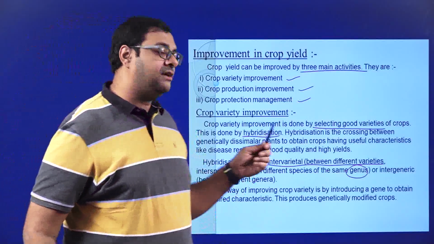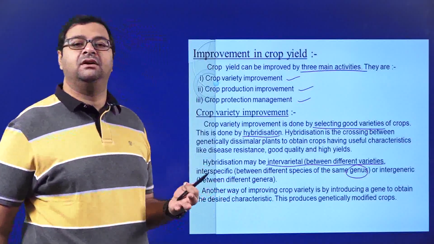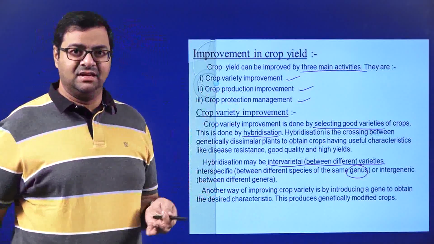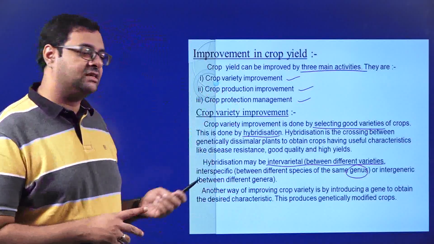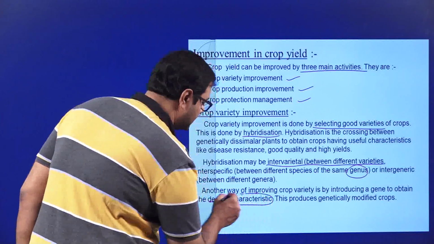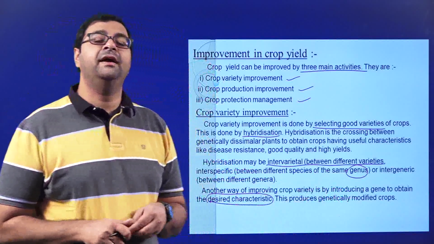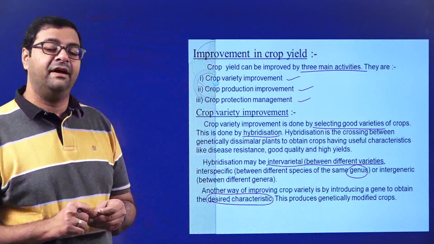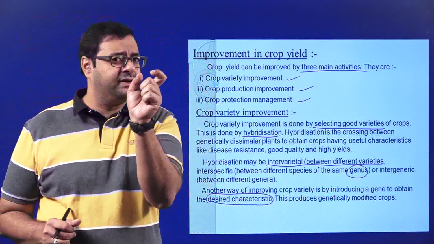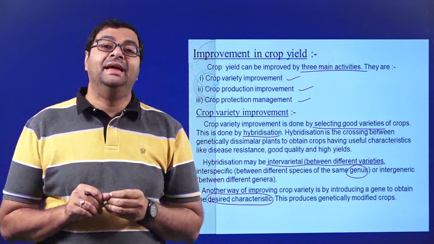When that gene is activated, automatically the flowering of that particular plant will increase. That is the desired characteristic that is required by us. This produces genetically modified crops. Why genetically modified? Because we have modified a gene in such a way that the flower production is increased.